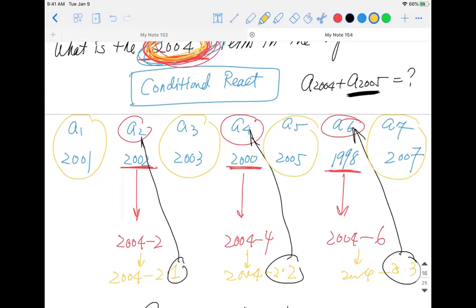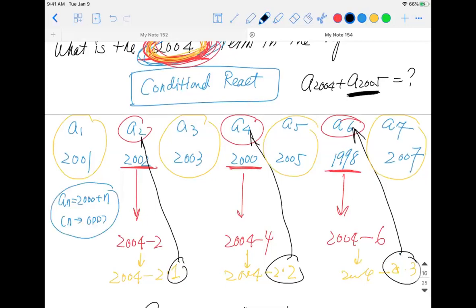Yeah, I see Jonathan already has the correct answer. He said the odd term will be an equals to 2000 plus n, but n needs to be odd. Is it right? Yeah.